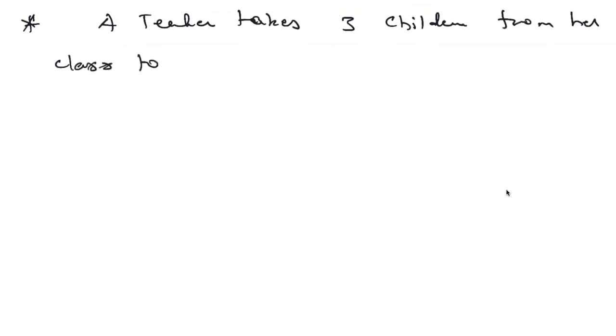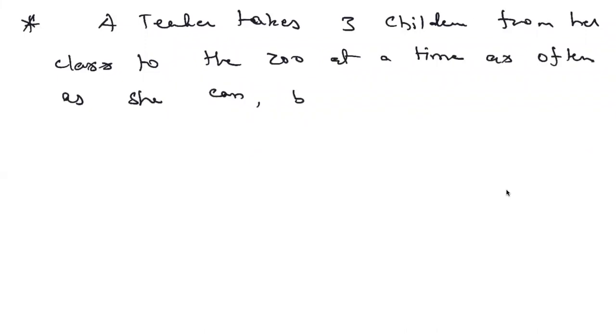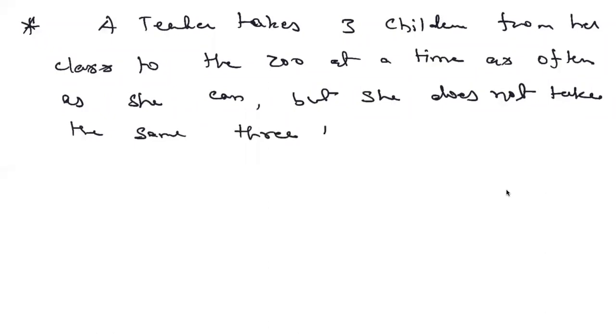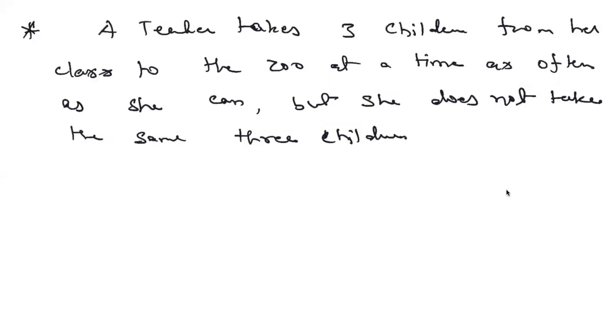Next question, third one. A teacher takes 3 children from her class to the zoo at a time, as often as she can, but she does not take the same 3 children to the zoo more than once.